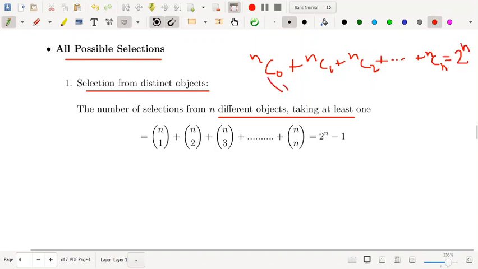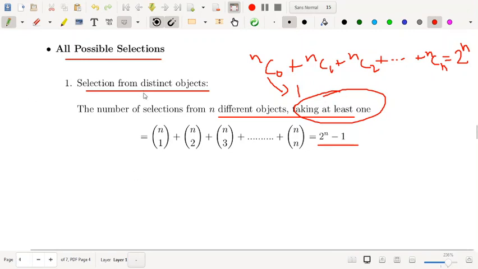And this is your 1, nC0. So your target is to select at least 1 object, so that is why this moved to the right hand side, transposing, and the result equals 2^n - 1. Clear? So this is all possible selections.